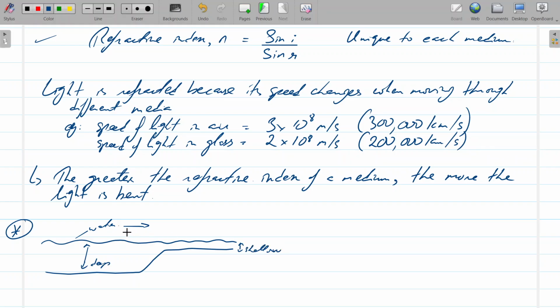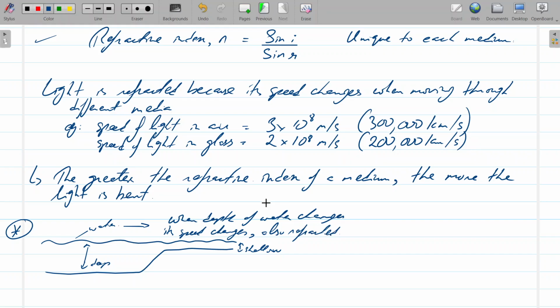And so when water is moving and the depth of the water changes, its speed changes, and it is also refracted.